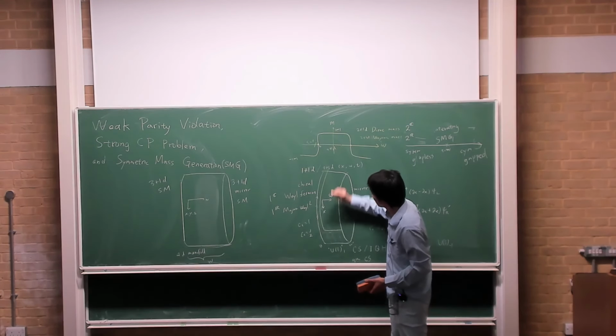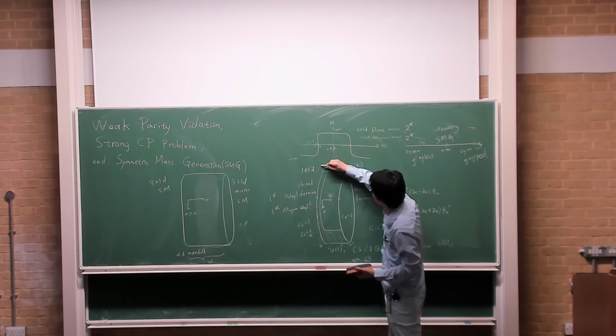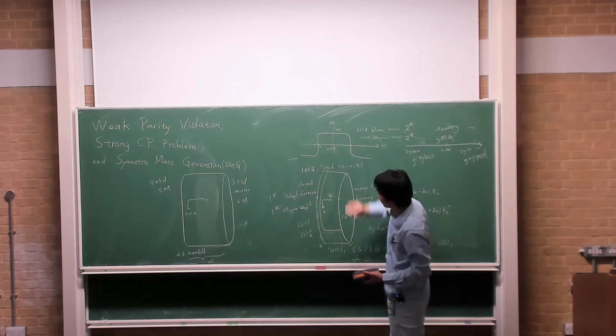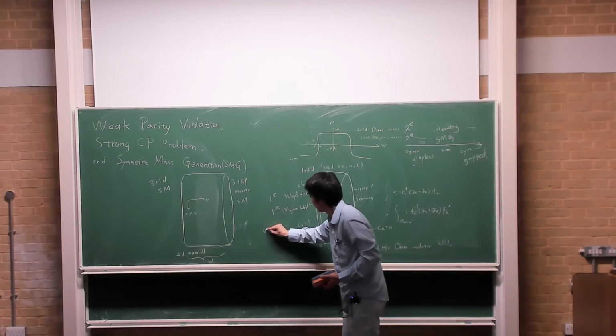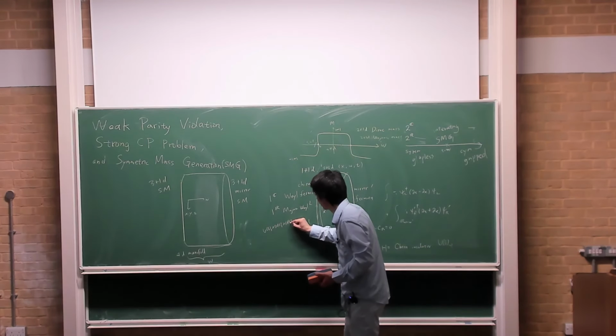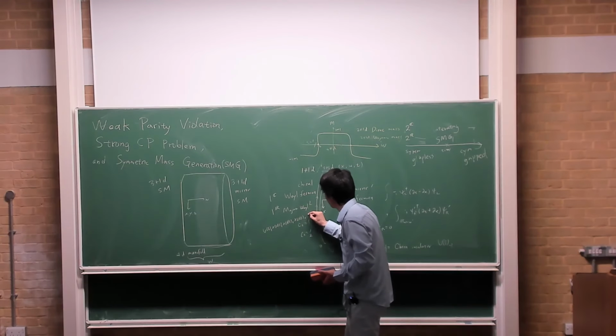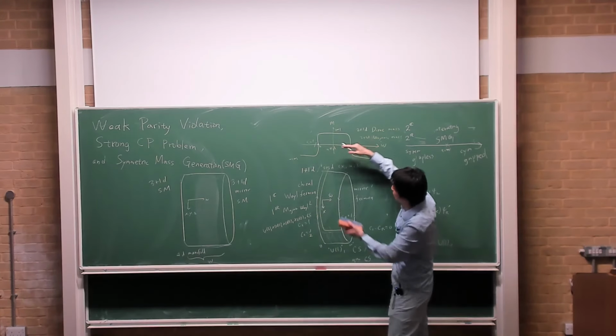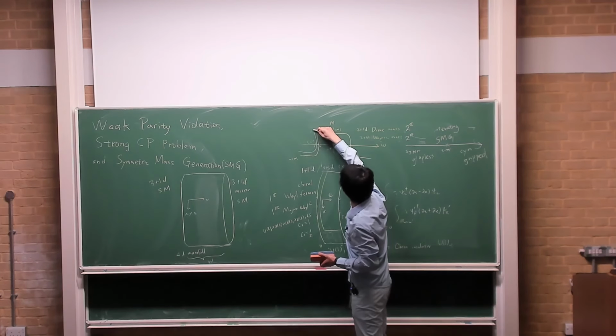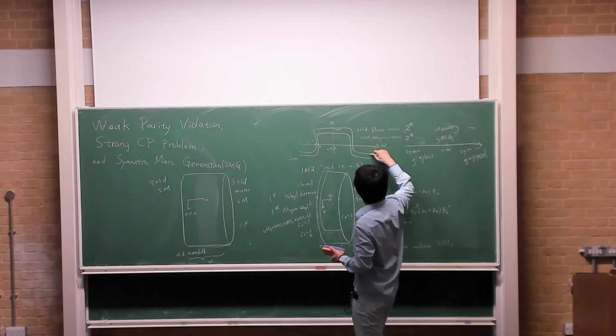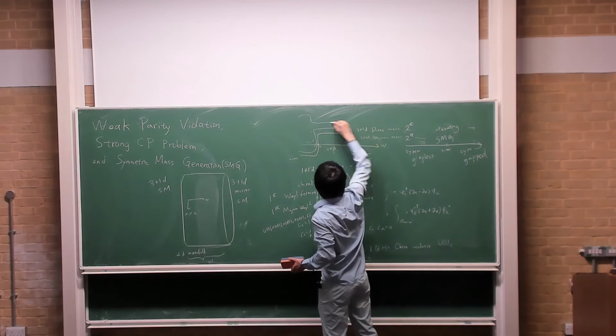So let me do it this way. I'll just claim that I'll put four layers such that it's U1 level 1, U1 level 1, and U1 level minus 1, U1 level minus 1 Chern-Simons. But for people who know this picture, you just take 4 times of this. And the domain wall fermions need to be this way and this way.